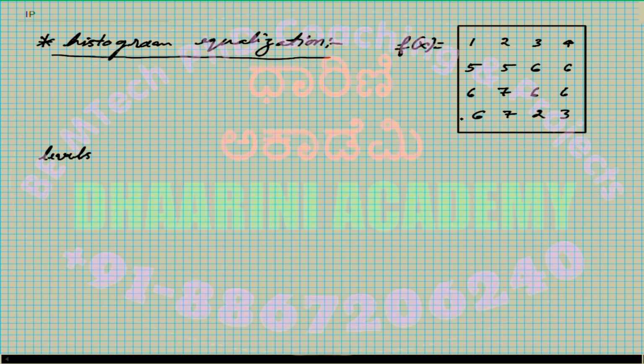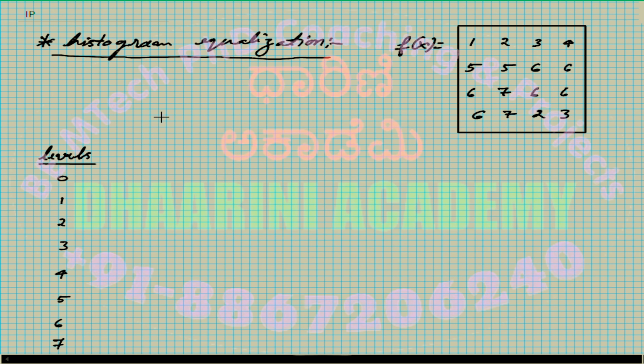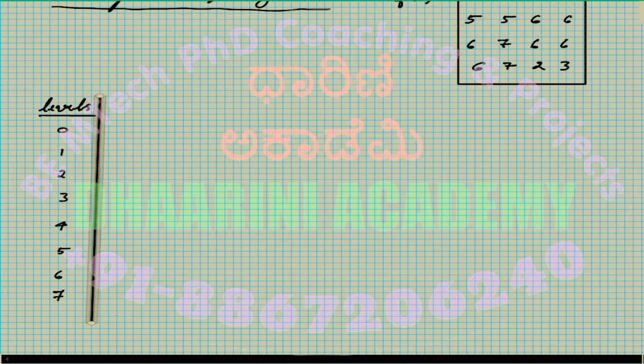So starting from 0 till that number you can write: 0, 1, 2, 3, 4, 5, 6, 7. Always this will be the first column of the table that we use for histogram equalization. Okay, that's the first thing.